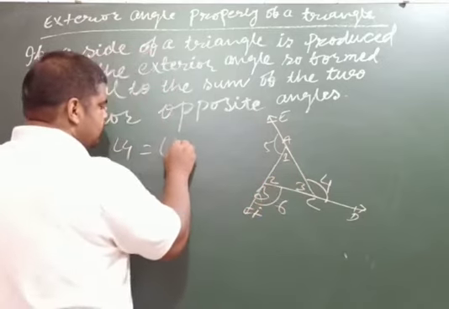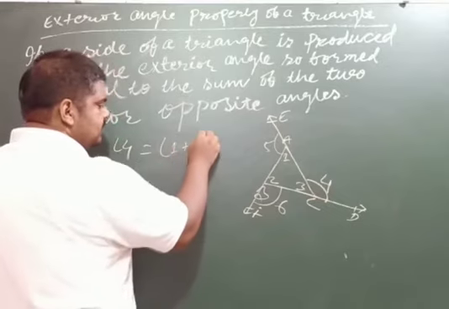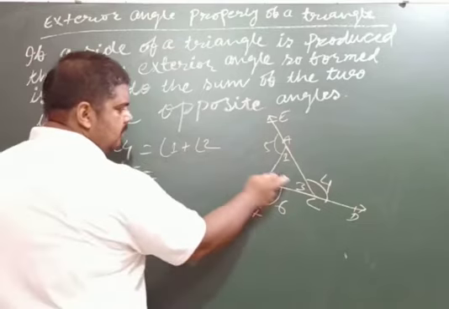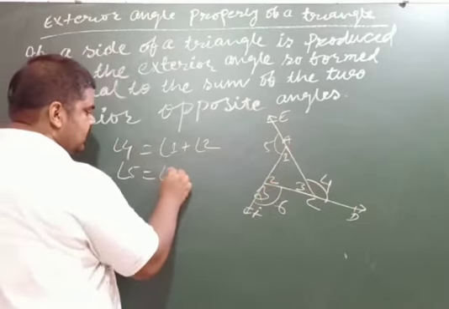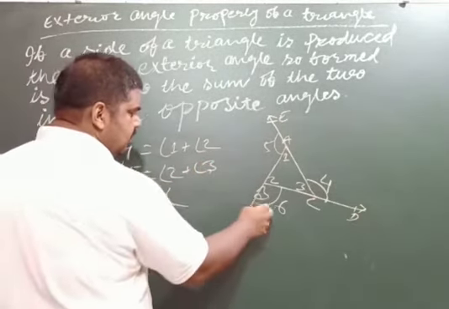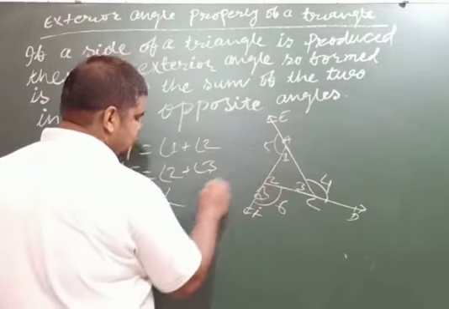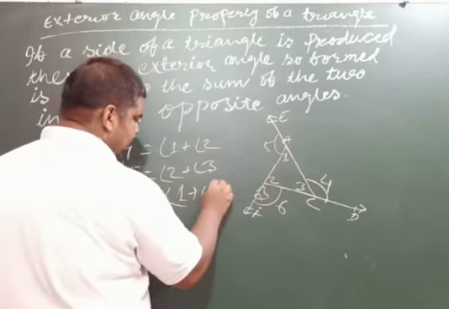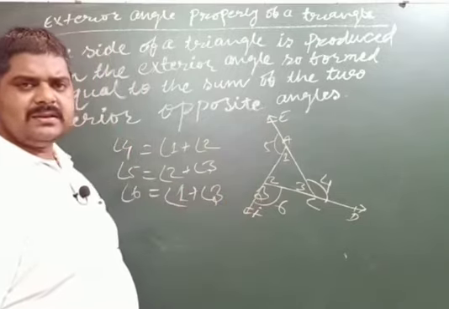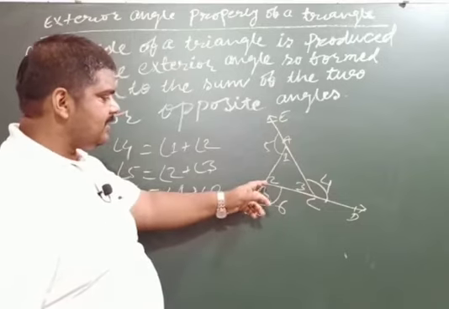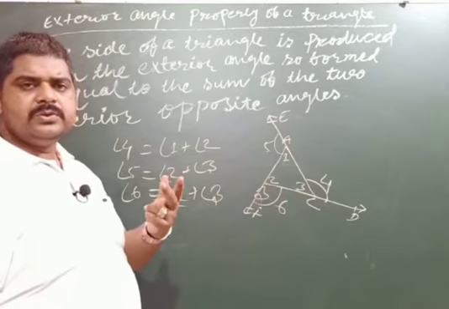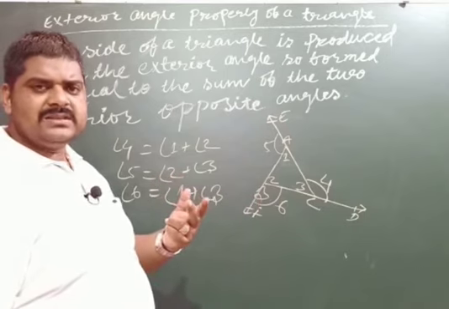So angle 4 equals angle 1 plus angle 2. Similarly, angle 5 equals angle 2 plus angle 3, and angle 6 equals angle 1 plus angle 3. So if you extend any side, the exterior angle formed must be equal to the sum of the two interior opposite angles.